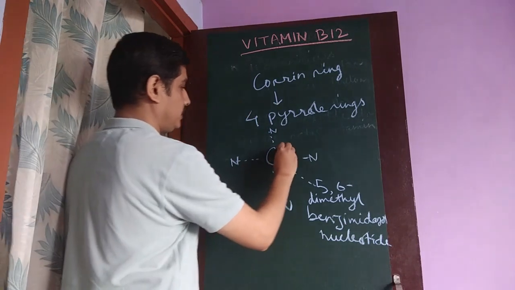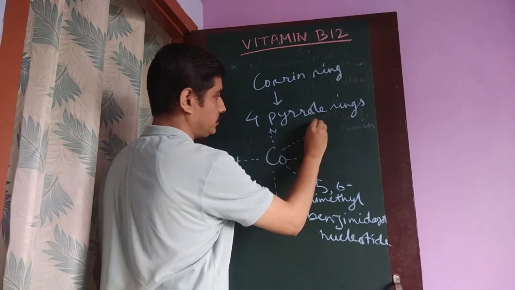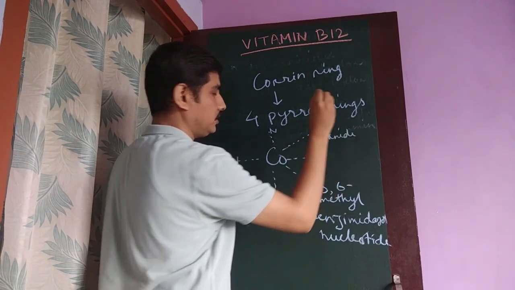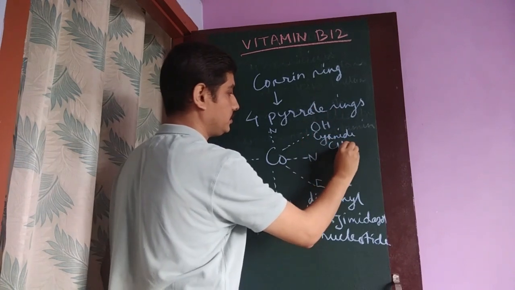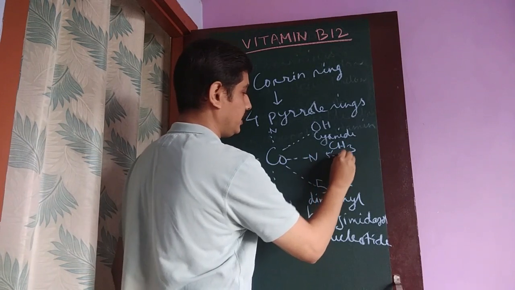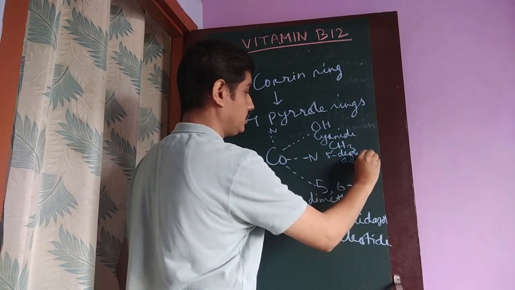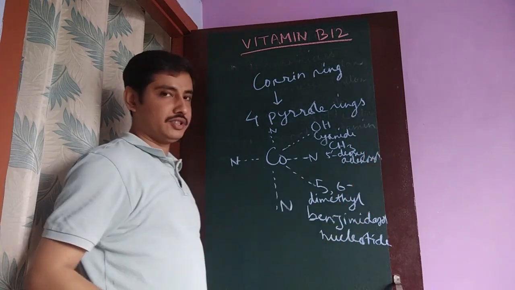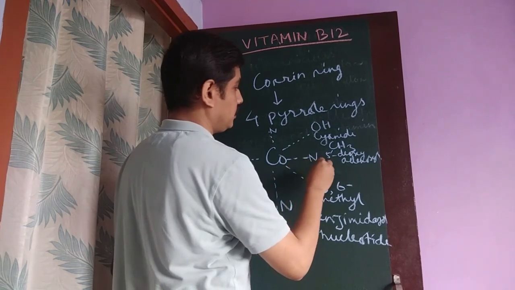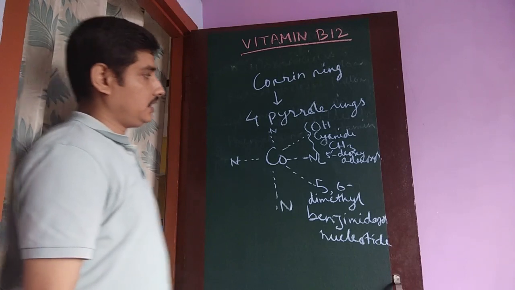And the 6th valency is occupied by either a hydroxyl group or a cyanide group or a methyl group or a 5' deoxyadenyl group. So these are the groups it can have.